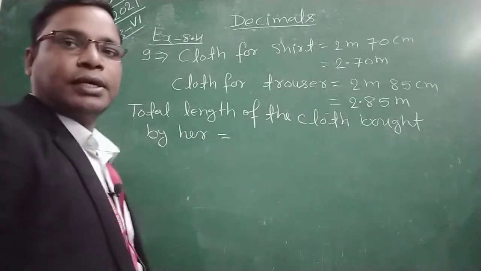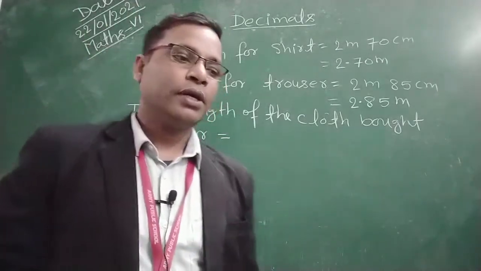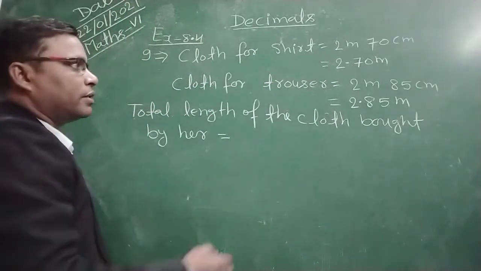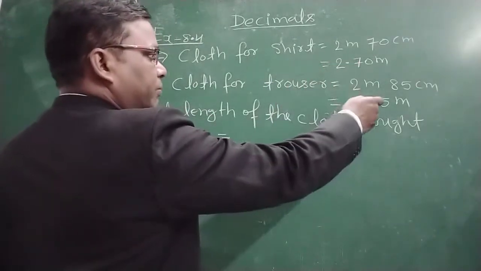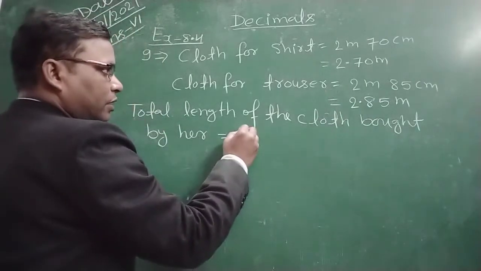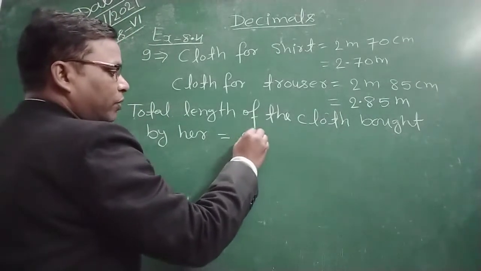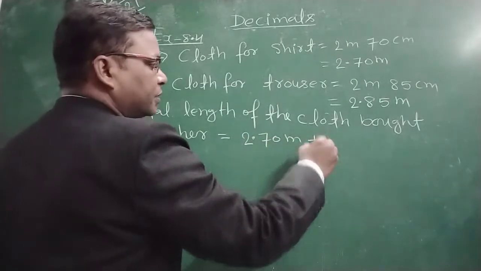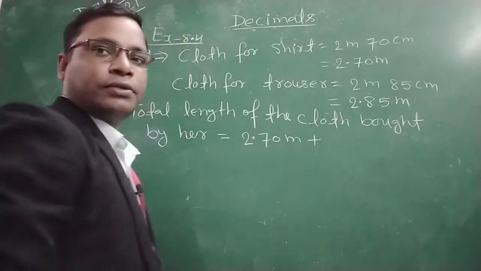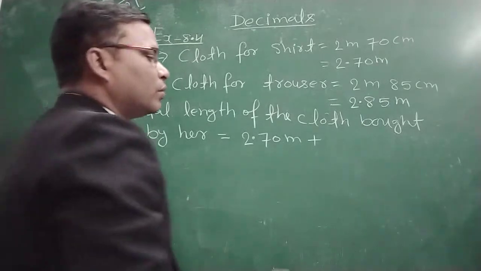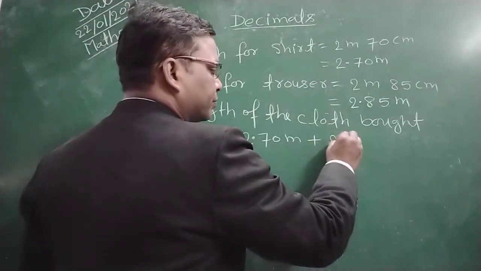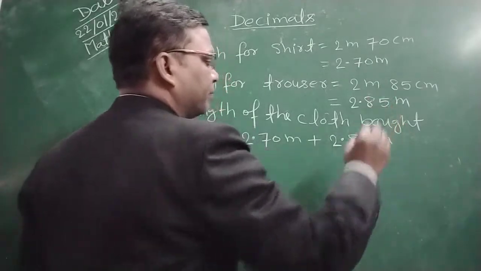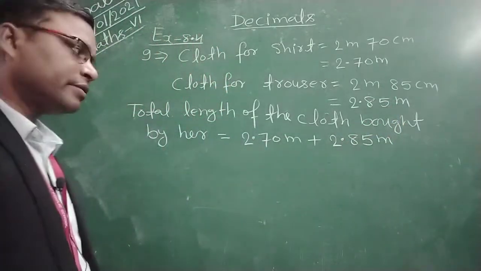Her means Anita, bought by Anita. Okay, now we add them, cloth for shirt and cloth for trouser. This is given. Cloth for shirt is 2.70 meter plus cloth for trouser, this is equal to 2.85 meter. This is clear.